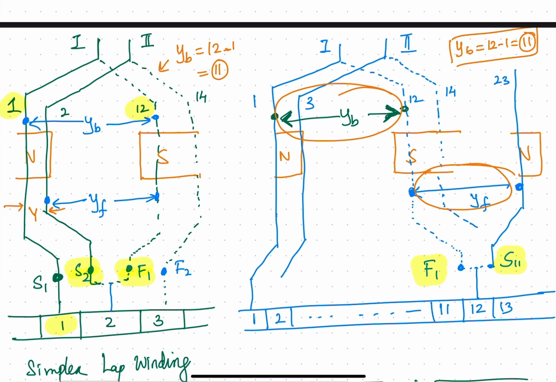So if we say that this coil side starts at 1, the next coil side starts at 12, so the distance between these two adjacent coils is given by this. So if you see, this is YB and this is YF, so if you add the two together, you will get the winding pitch Y, which is the distance from this point up to this point.